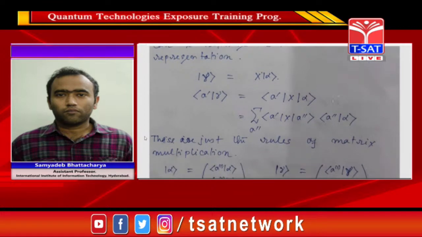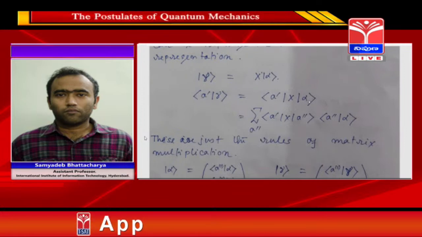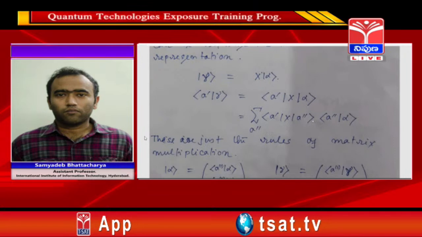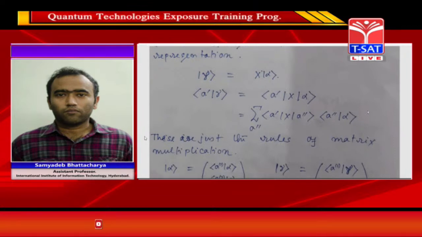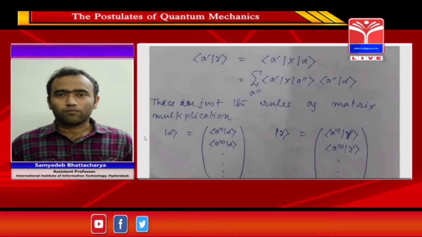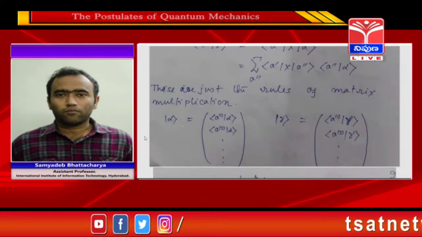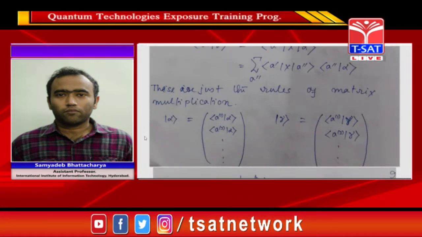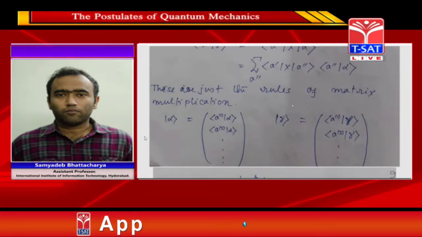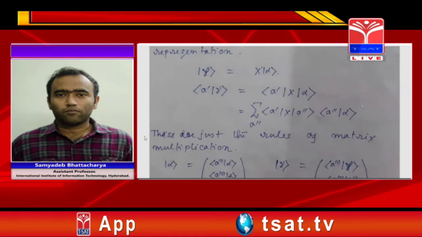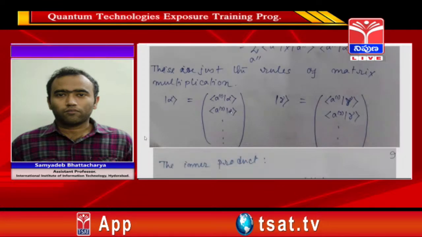Again insert the completeness condition between X and alpha. Then you have sum over A double prime, A prime, X, A double prime, A double prime alpha. So these A prime gamma are the elements of the column matrix gamma, A1 gamma, A2 gamma and all that. And these A double prime alpha are the elements of the alpha matrix.